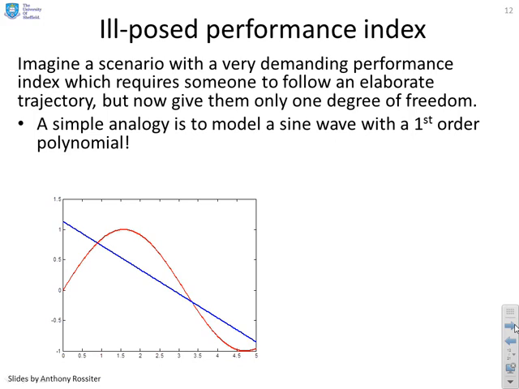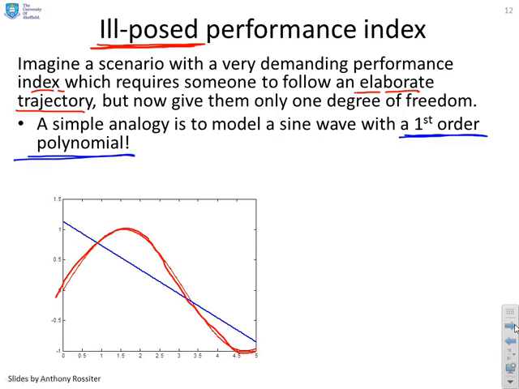Now, here's a scenario which demonstrates what I'm going to call an ill-posed performance index, or an ill-posed objective that you might set yourself. So you've got a very demanding performance index here, one which says I want you to follow quite a complex trajectory, and in this particular case the trajectory I want you to follow is this red one. Okay, but you're a simpleton, you've not got a very good model, and so the only thing that you can manage is a first order polynomial.